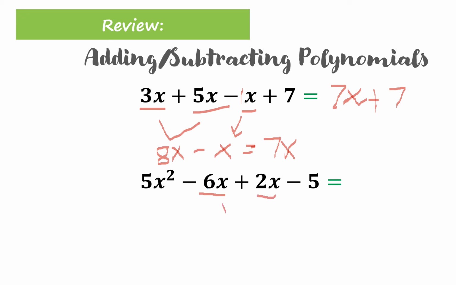Combining like terms, negative 6 plus 2 will be negative 4, and then copy the variable. Meron pa ba tayong pwedeng ipag-combine? Wala na. Therefore, the final answer will be 5x squared minus 4x minus 5. So that's how we add or subtract polynomials.